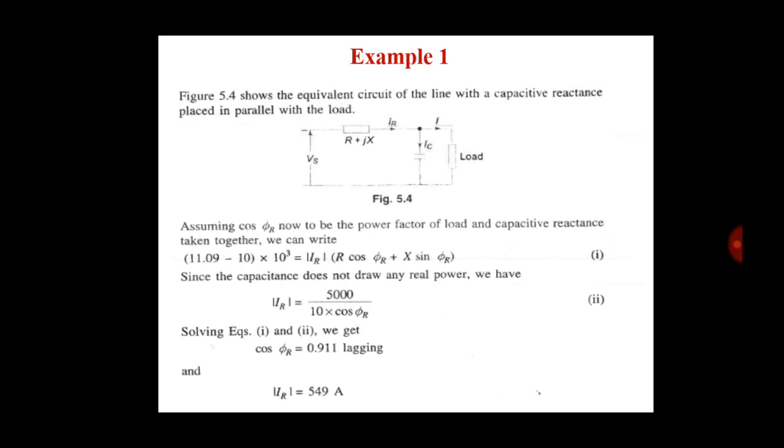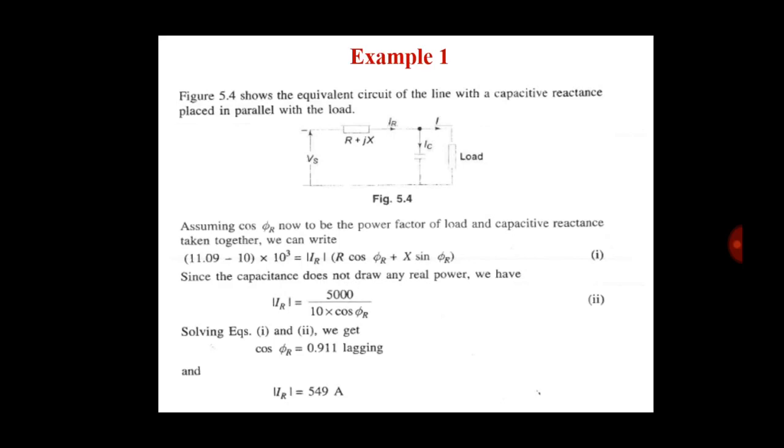Now show the equivalent circuit of the line with a capacitive reactance placed in parallel with the load. Here capacitance is given, so we draw this type of circuit, assuming cos phi r to be the power factor of load and capacitive reactance taken together. We can write 11.09 minus 10 into 10 raised to 3 is equal to IR into R cos phi r plus X sin phi r.